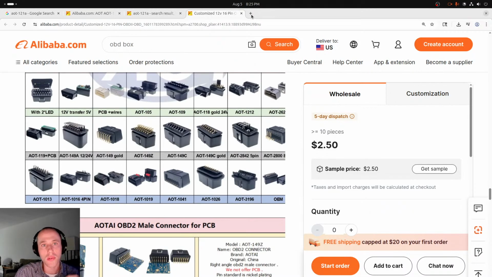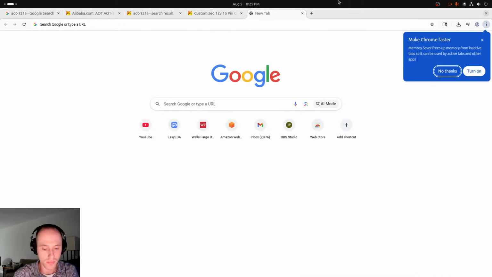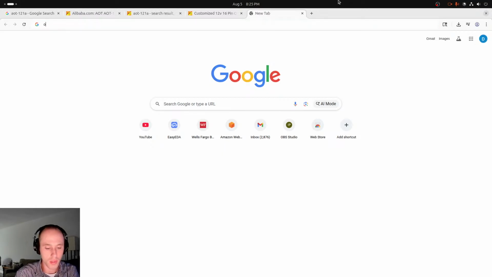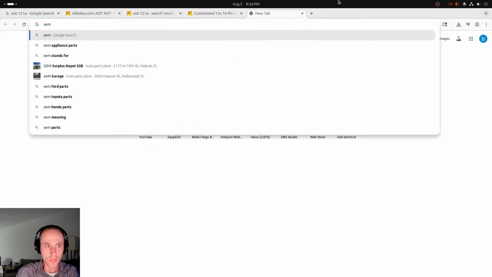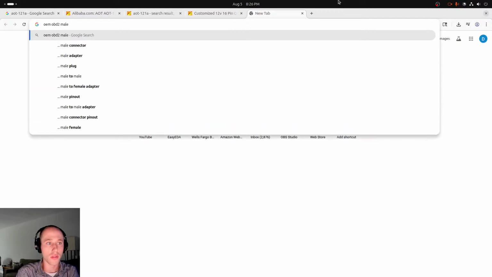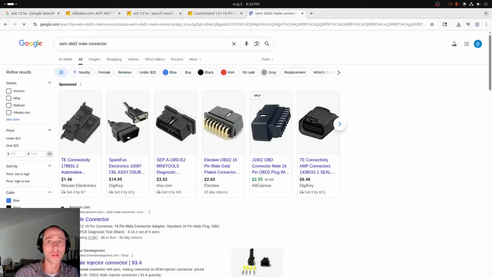I'm going to look up OEM OBD2 male connector.